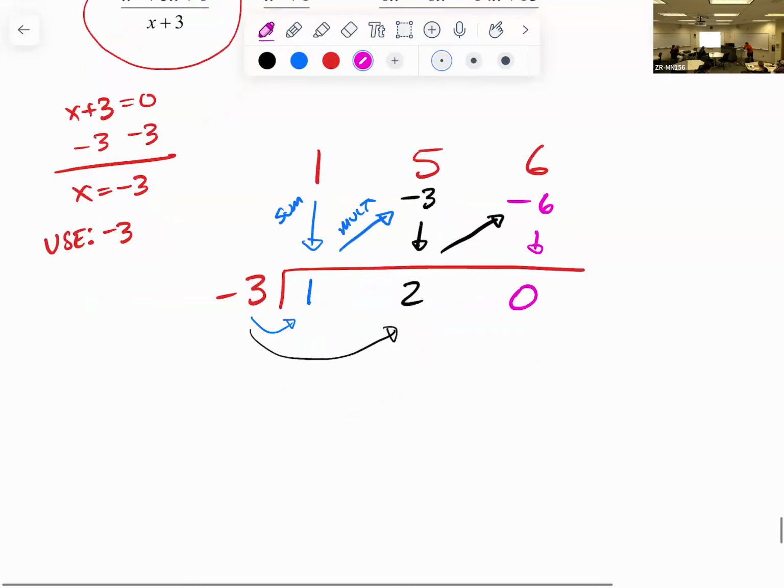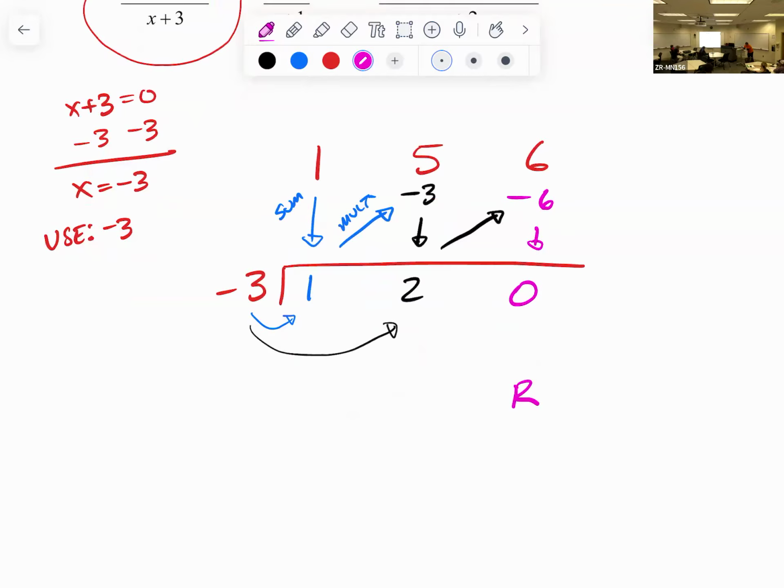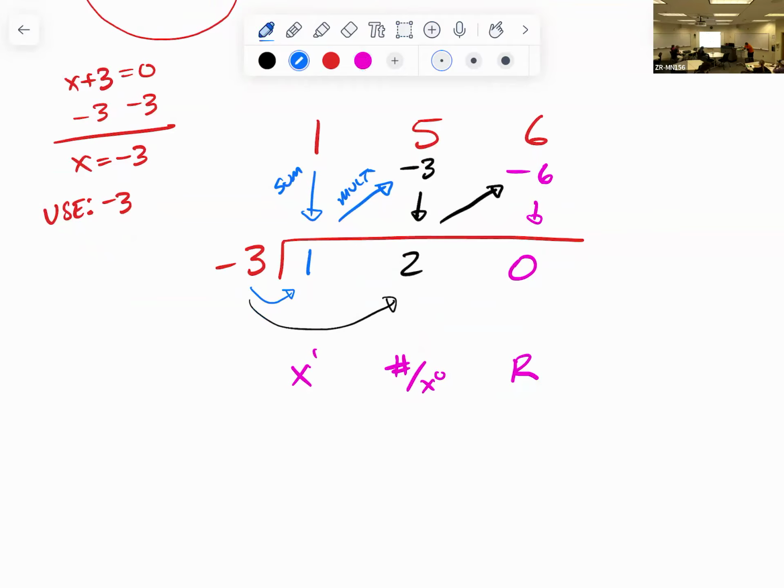When you start counting back: remainder, the number term, also known as the x to the 0 term, then x to the first power, and if we had more, x squared, x cubed, etc. Do we see what our answer is going to be? 1 times x, 2 times x to the 0, which is just the number 2, and 0, there is no remainder.